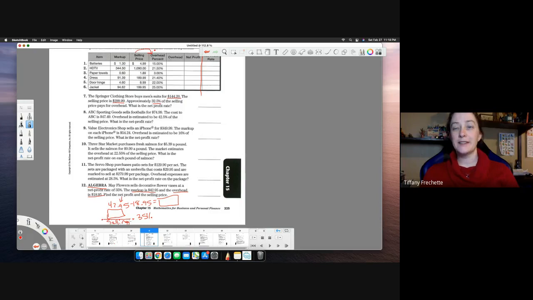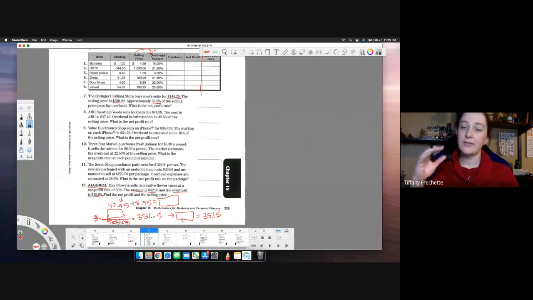Instead of writing selling price, I'll just say S. I multiply by S on both sides so that it moves out from underneath, and I end up with net profit equals 35% times S. Once this box is filled in, all I have to do is divide by 35%, and that will tell me my selling price.